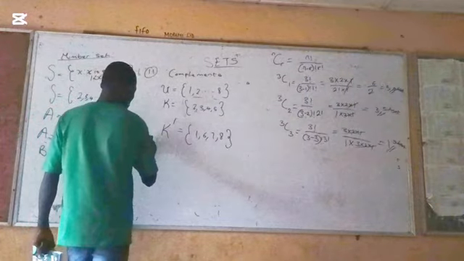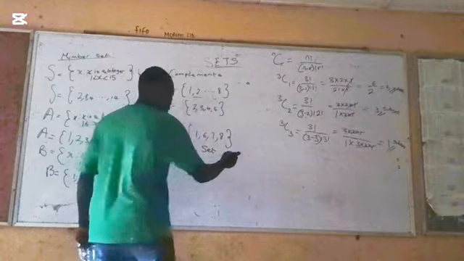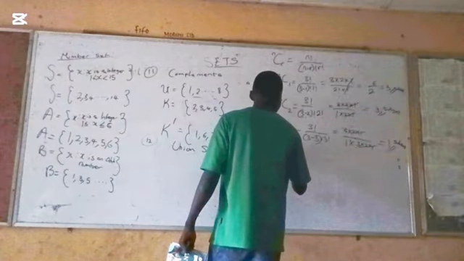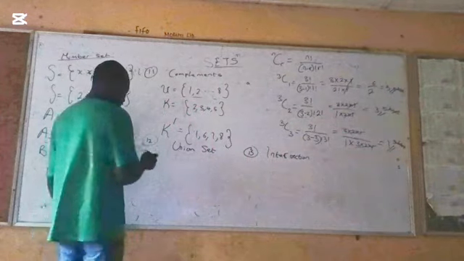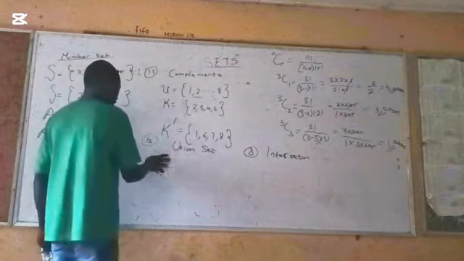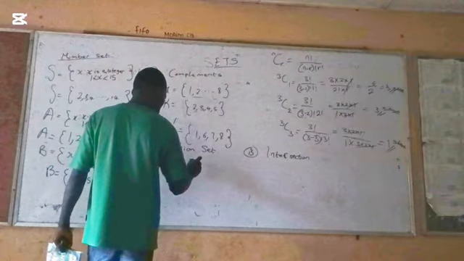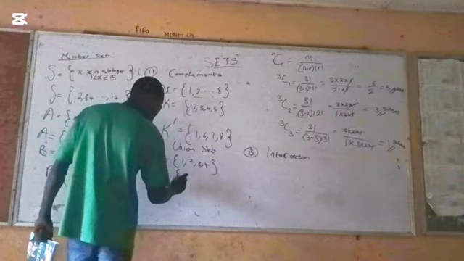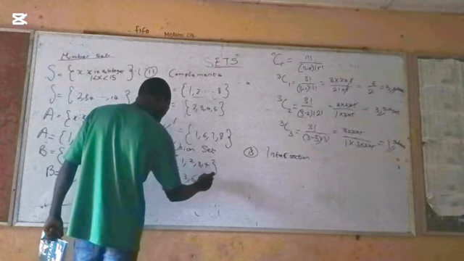Now we have also number 12, the union set, and number 13, the intersection. Union of sets is denoted by this symbol. For instance, you are given set X equals 1, 2, 3, 4, and Y equals 3, 6, 7, 9.